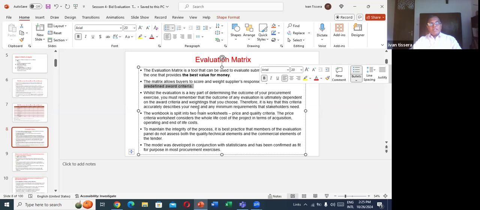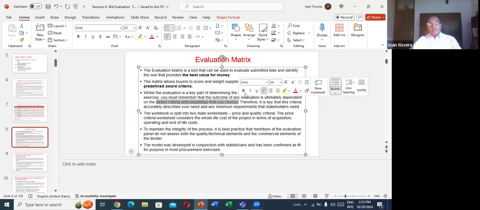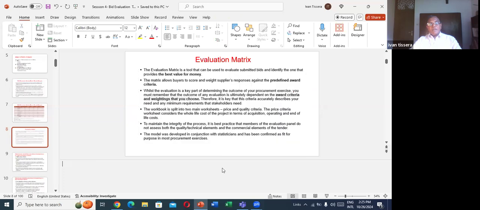Whilst the evaluation is a key part of determining the outcome of your procurement exercise, you must remember that the outcome of any evaluation is ultimately dependent on the award criteria and weightage that you choose, because if you change that, for example, instead of 40% for price, if you give 80%, you get a completely different result.